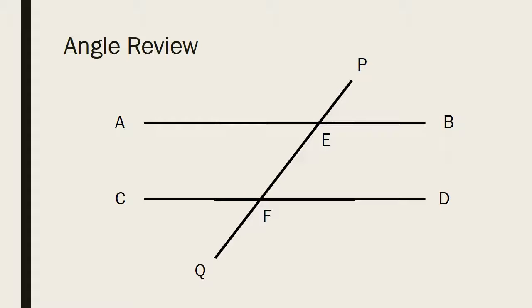And then we say that angle AEF and angle EFD are alternate interior angles, and they are also equal because AB is parallel to CD and PQ is transversal.